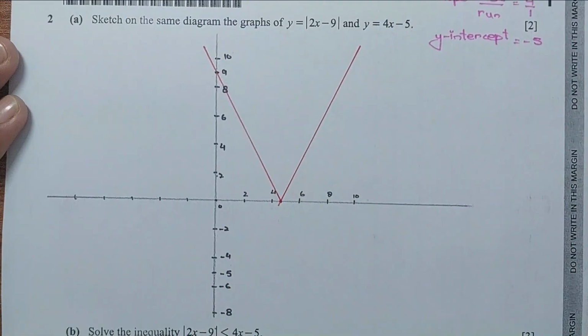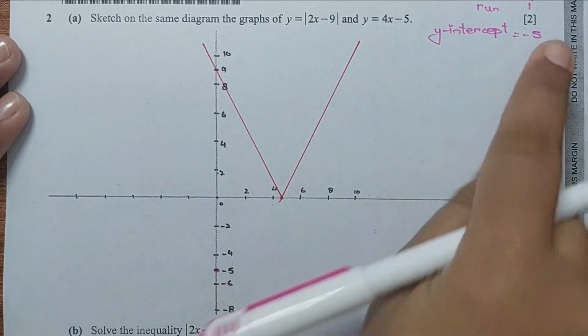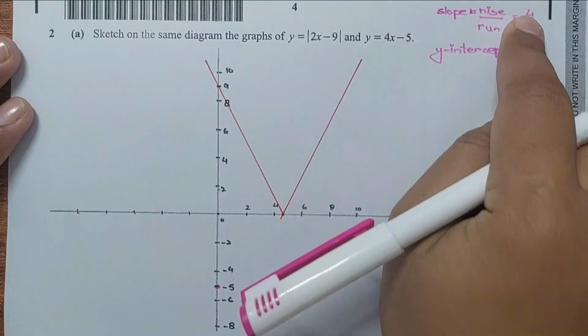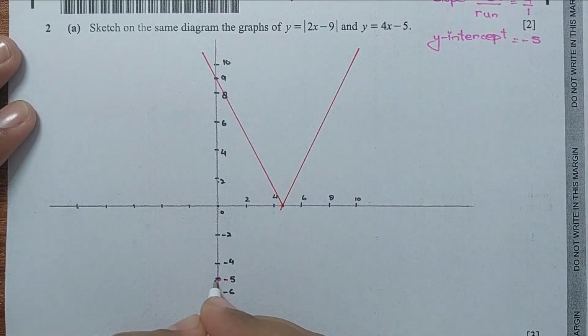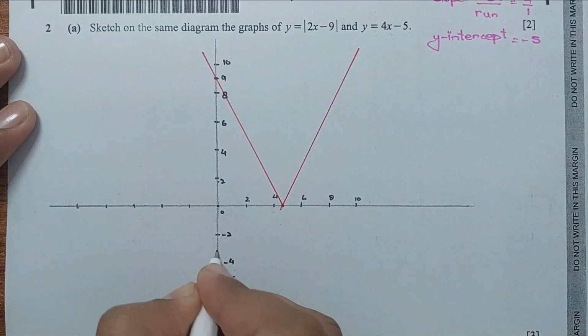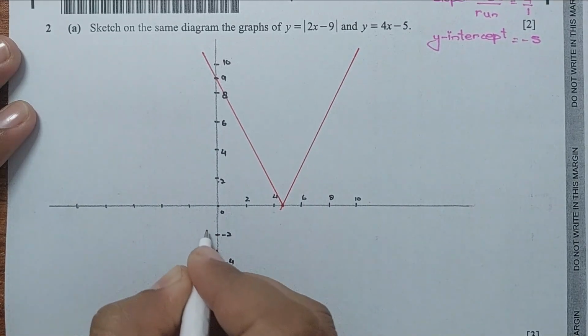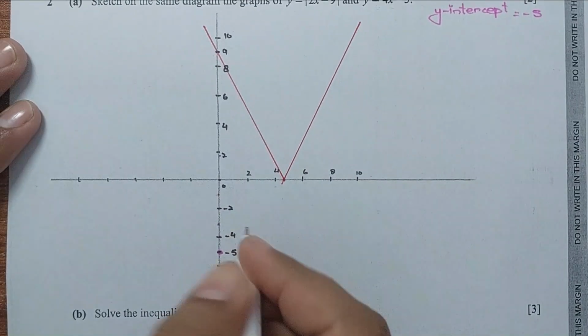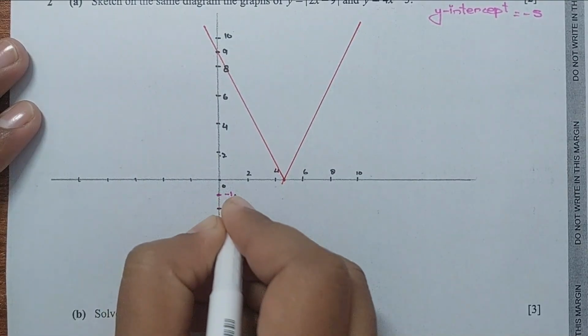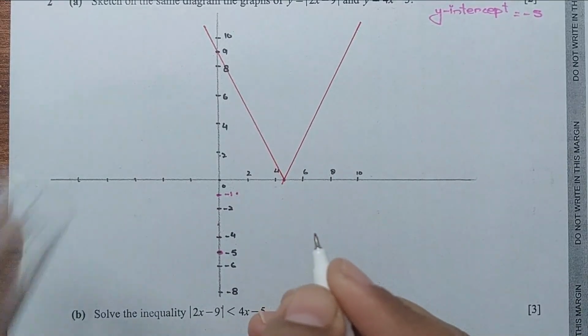Okay, so the y-intercept is -5. So from -5, you have to rise 4 units up. So 4 units up, 1 unit, 2 unit, 3 unit, and then 4 unit. Okay, so we are at -1, 4 units up and run 1 unit to the right. So at (1, -1), this is your second point.